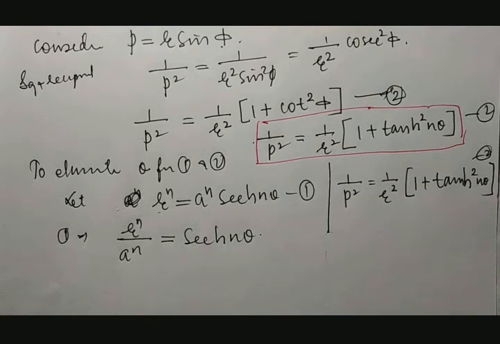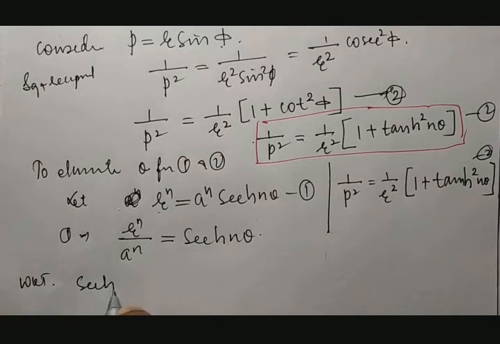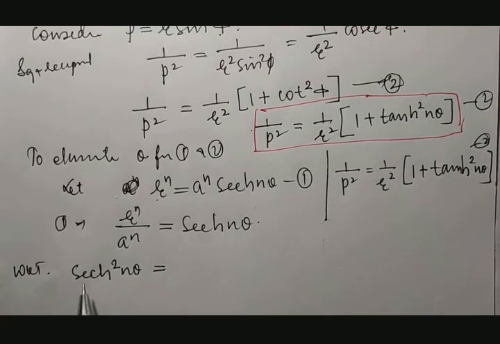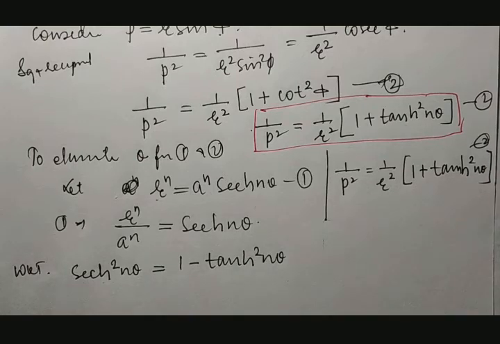Then what to do? We will take this result. We know the identity that sech square n theta is equal to 1 minus tanh square n theta. This is the known fact.